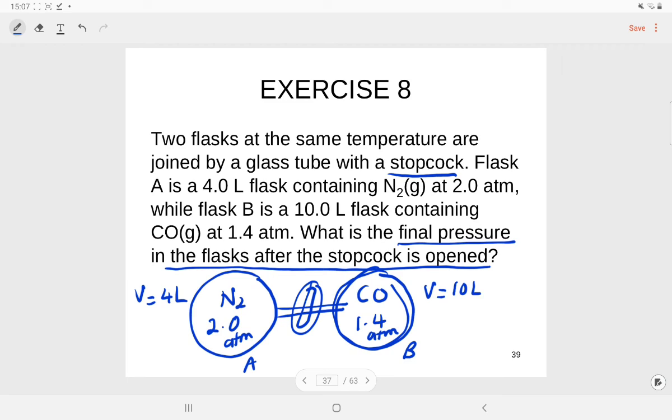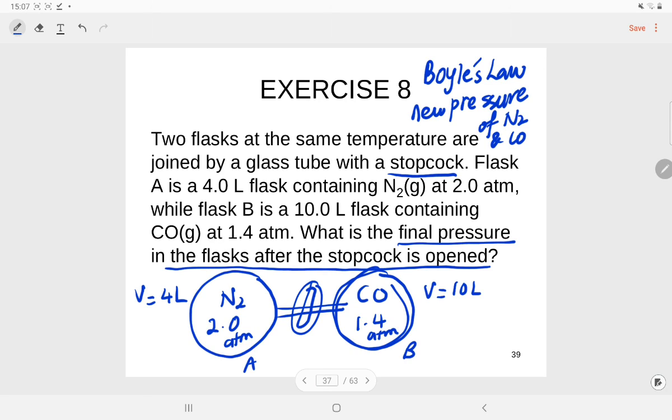So the hint here is to use Boyle's law to calculate the new pressure of your N2 and CO after the stopcock is open.